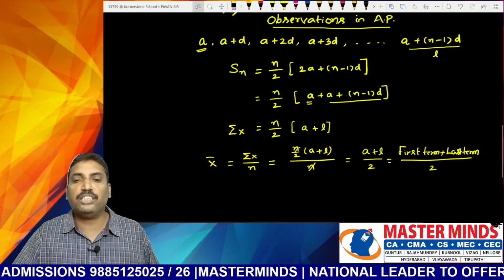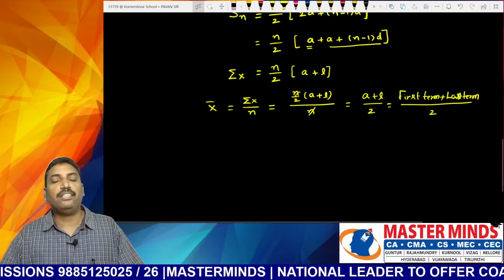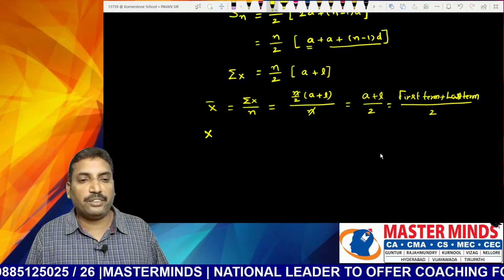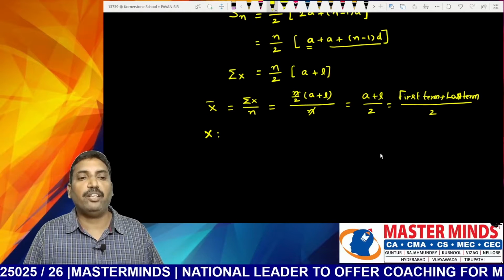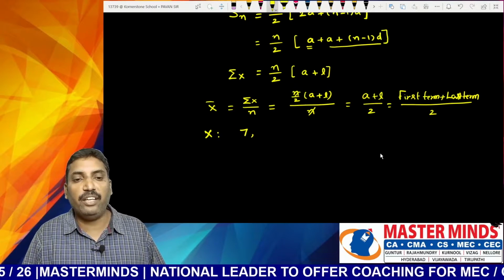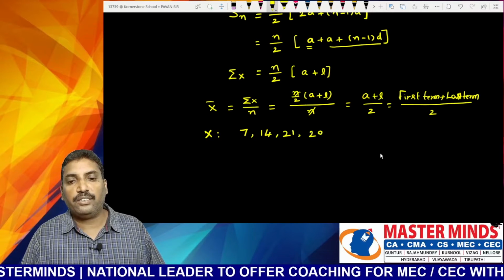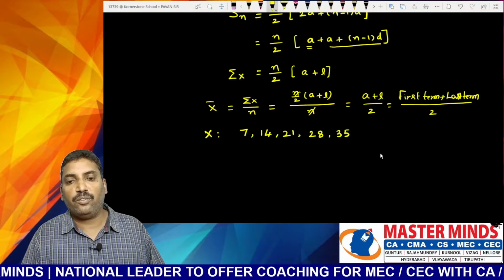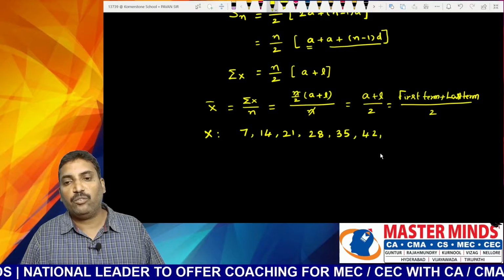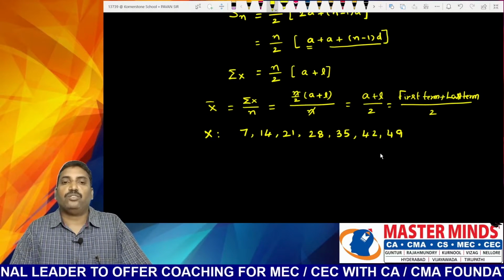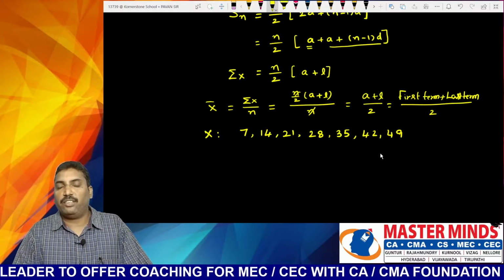How can we use this formula? I will explain with an example. Suppose I have data like this: a variable x takes the values 7, 14, 21, 28, 35, 42, 49. How many observations are there? 3 plus 3, 6, plus 1, 7 observations are given.